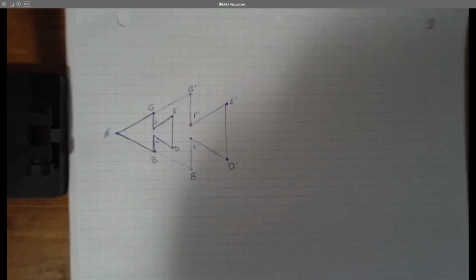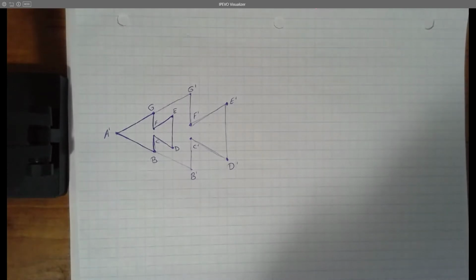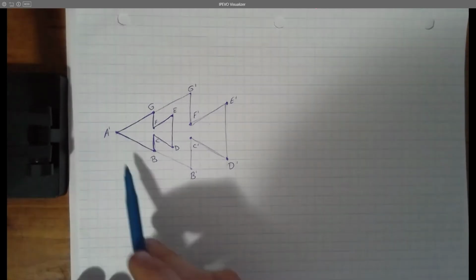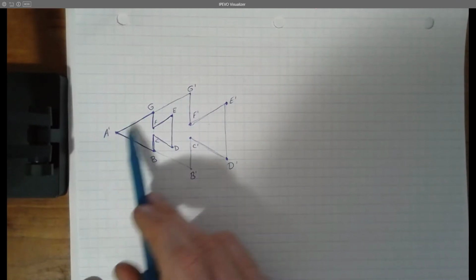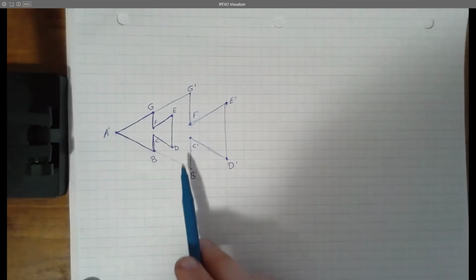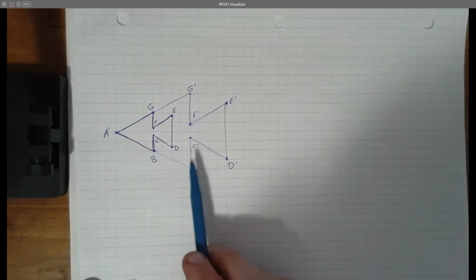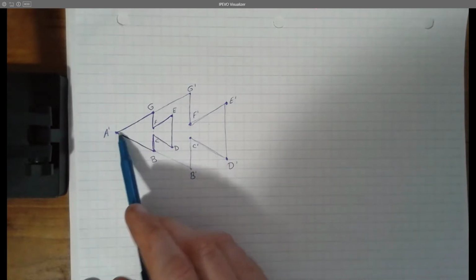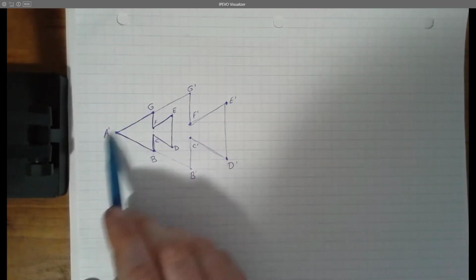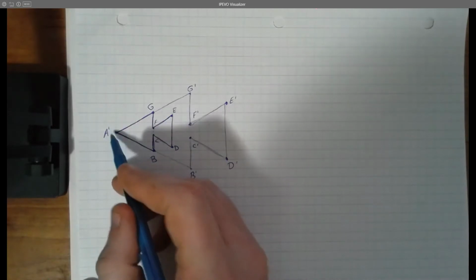In example 10, it shows that you have 2 similar figures. Now this one's a little bit different because figure A, B, C, D, E, F, G, A, the bigger one with all the ticks next to it, is the enlargement. So that is the image of the original shape A, B, C, D, E, F, G, back to A. You'll notice I have a tick next to it.